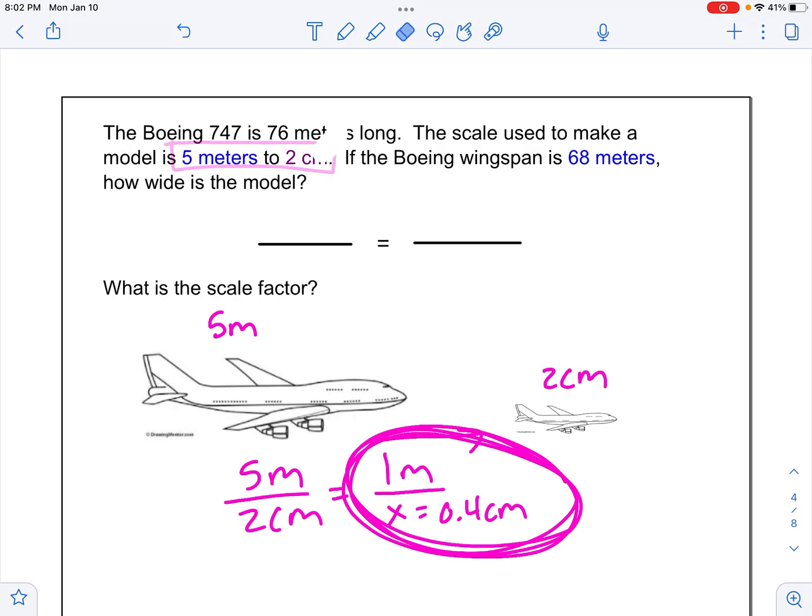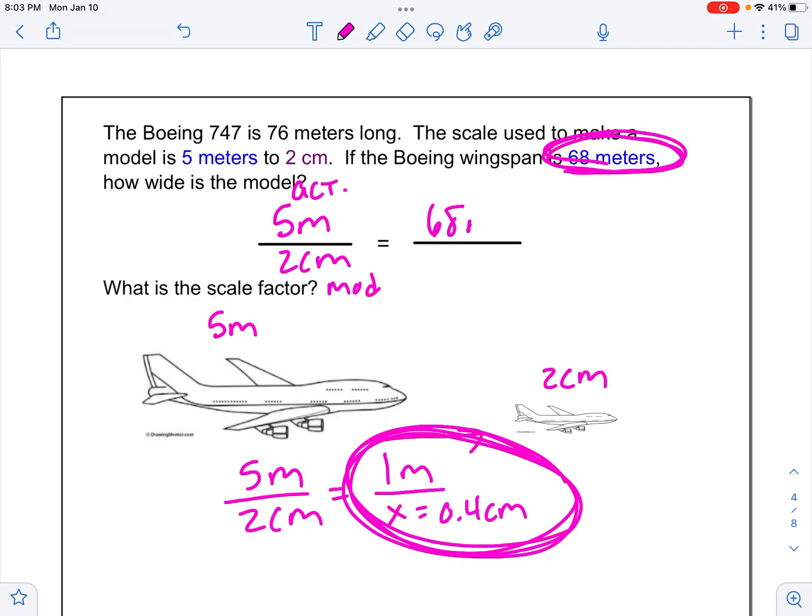I could use that, but I'm going to go ahead and use this part right here. So 5 meters is 2 centimeters. This is my actual, and this is my model. And so if the wingspan on the actual is 68 meters, I want to know how wide the model is. So remember, if it's actual to model, I have to have actual to model.